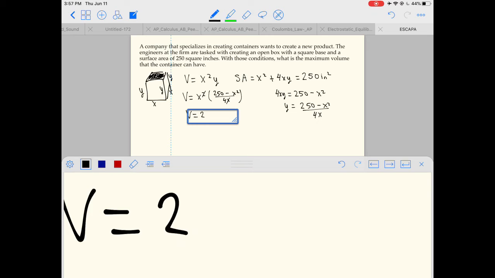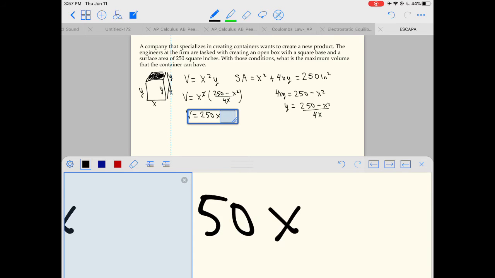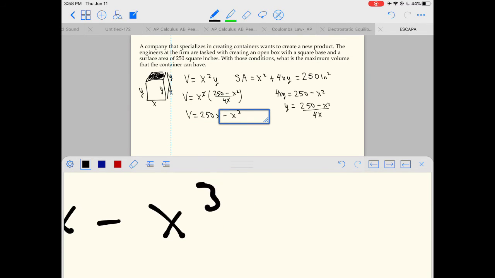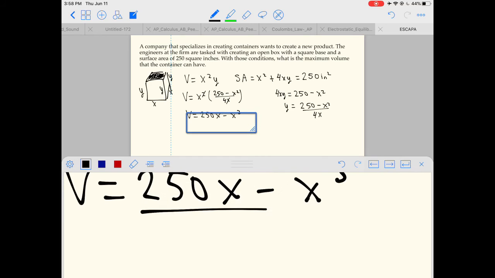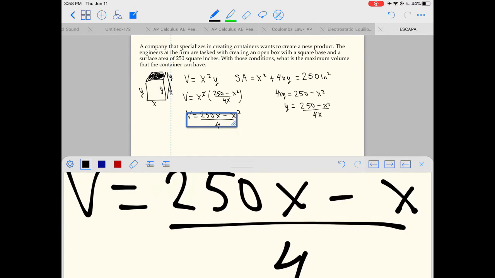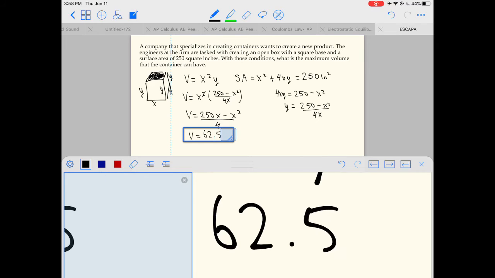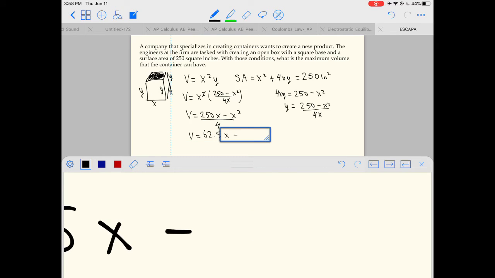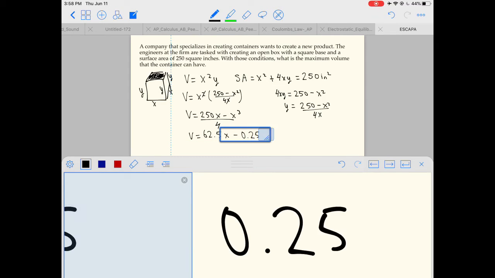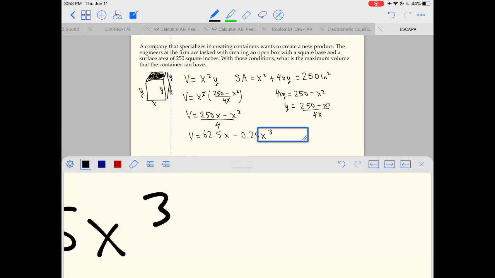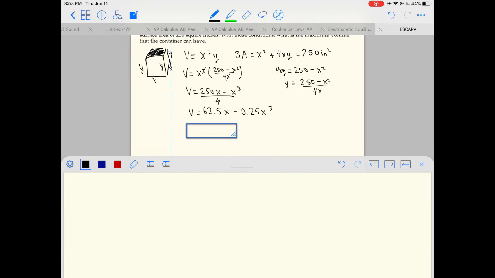So 250x minus x cubed all over 4. Volume equals 250 over 4, which is 62.5x minus 0.25x cubed.